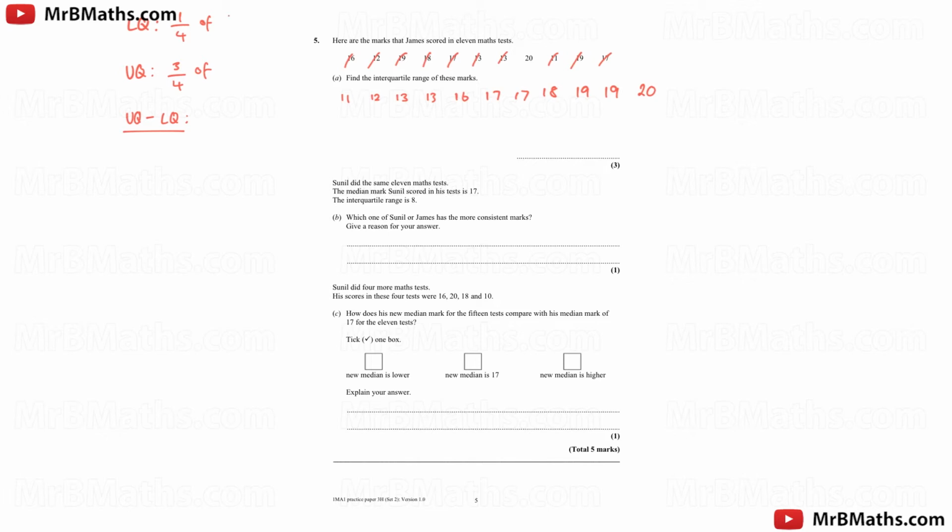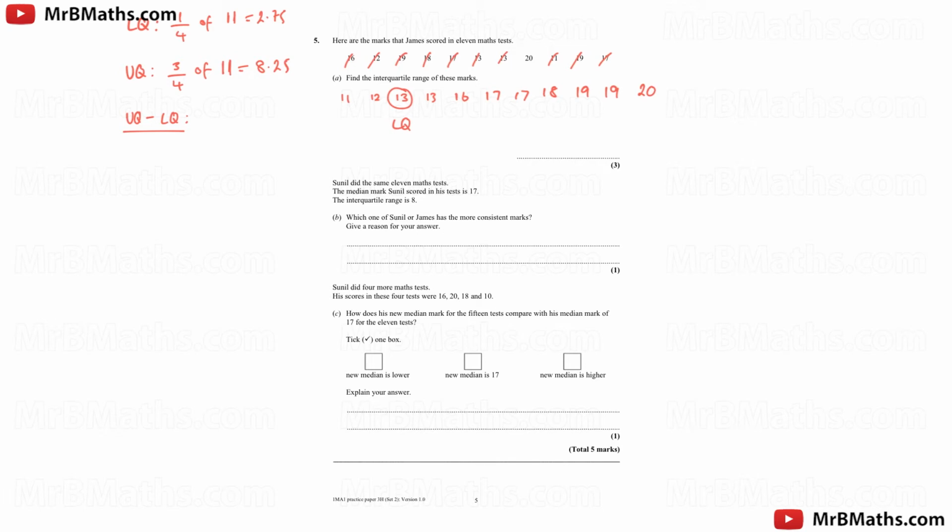So 1/4 of, well, there's 11 here, there's also 11 here, so 1/4 of 11 will give us 2.75, and 3/4 of 11 will give us 8.25. So the lower quartile is going to be the third number, so 13, because it's 2.75, and it would have gone past the second number.